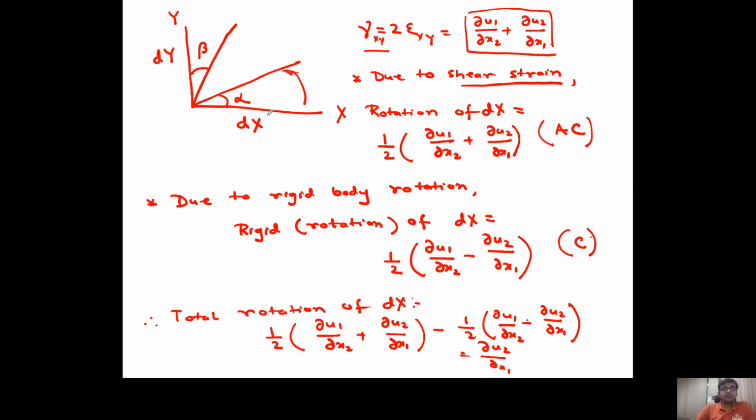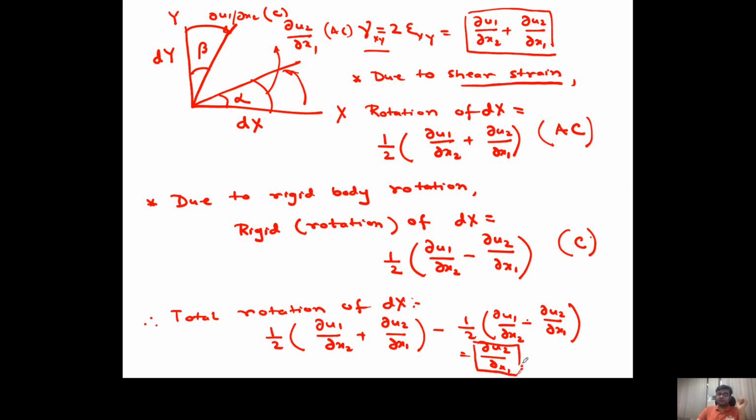So this alpha you are seeing, which is the total rotation of dx, is del u2 del x1, in the anti-clockwise direction. Similarly, if you do this for beta, you will find it to be del u1 del x2, but in the clockwise direction, right?